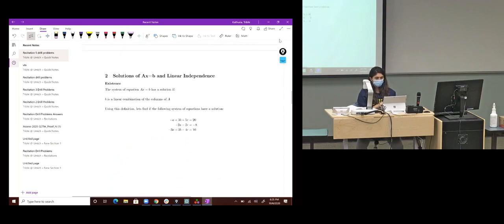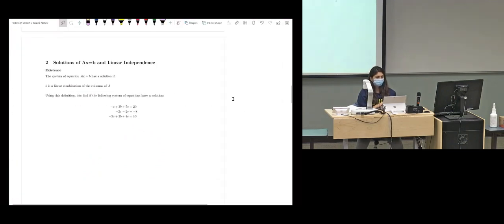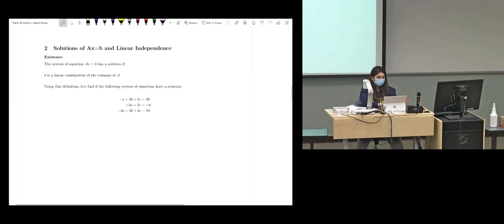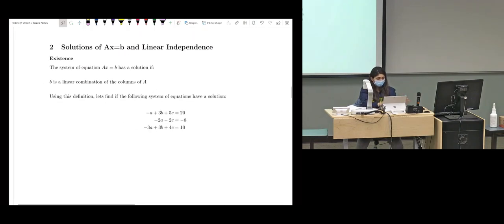into how all of this relates to our solutions, this problem that we've been working on, finding solutions for a system of equations given as AX equals B. So we're going to talk about solutions of AX equals B and then break the problem down sequentially.